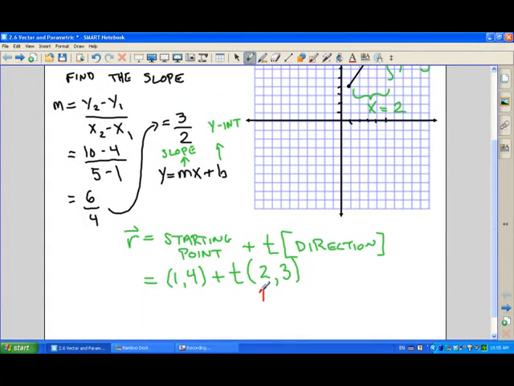Here the 2 represents the run, the 3 represents the rise, and this variable t is called the parameter.